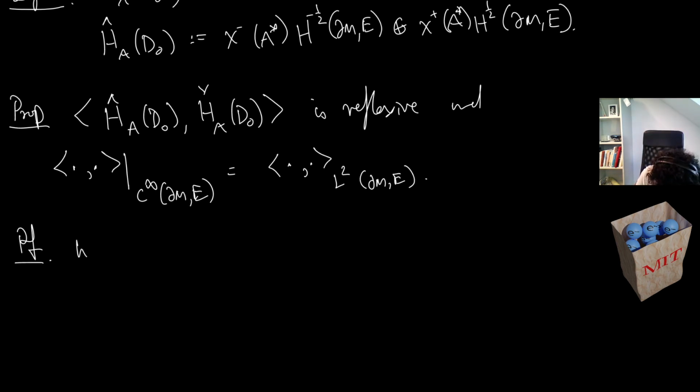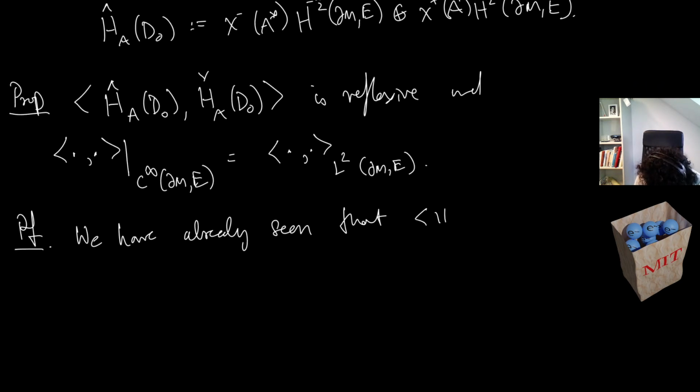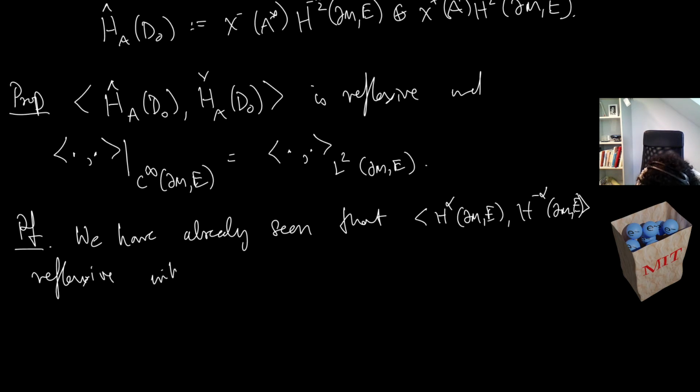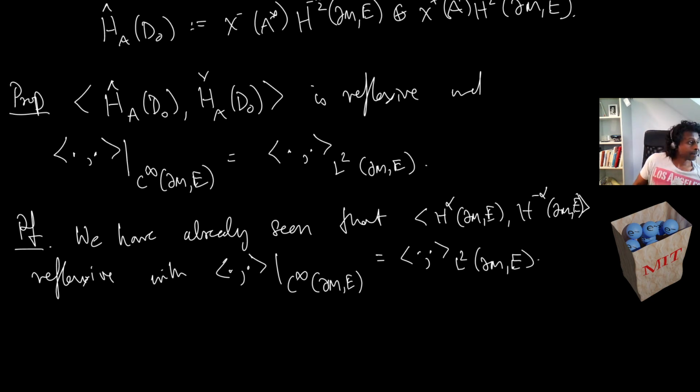So we have already seen that the spaces H alpha M and H minus alpha M are reflexive, with the restriction of this pairing to smooth functions being equal to the L2 inner product, right? We've already mentioned this. Okay.